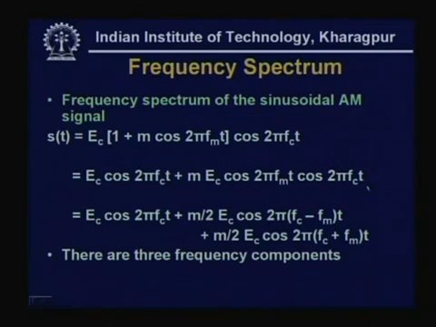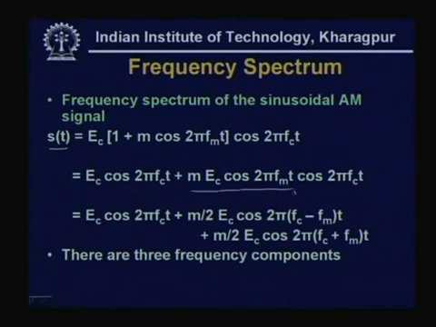Let us now look at the frequency spectrum of the modulated signal. First, let us consider modulating by using a sinusoidal AM. That means, the modulating signal is a sinusoidal signal, and in that case the modulated signal will be s(t) equal to Ec into 1 plus m cos 2π fm t into cos 2π fc t, which can be expanded to Ec cos 2π fc t plus m Ec cos 2π fm t cos 2π fc t.